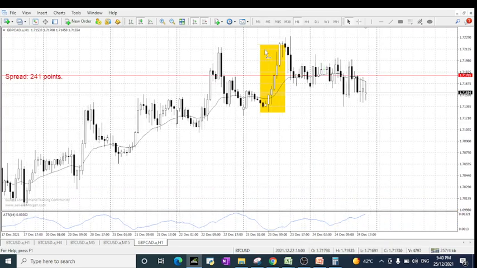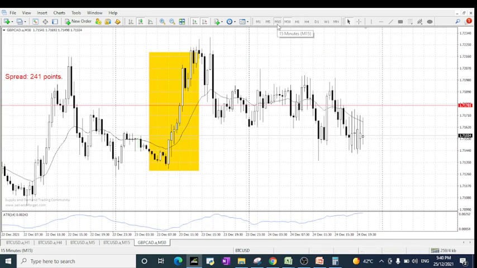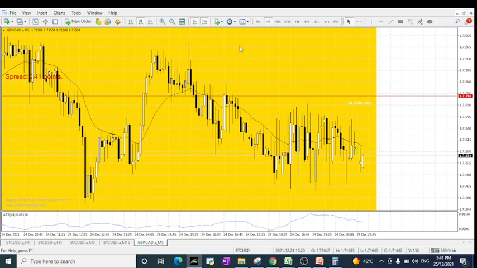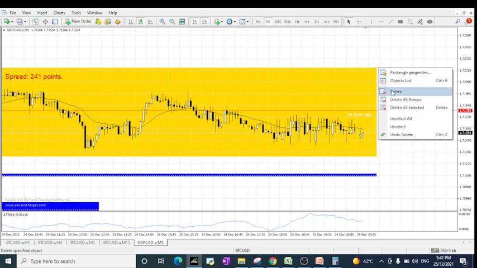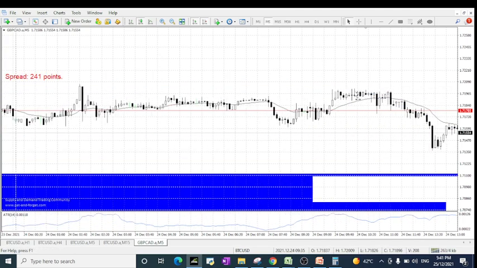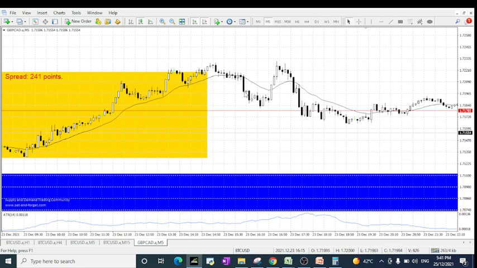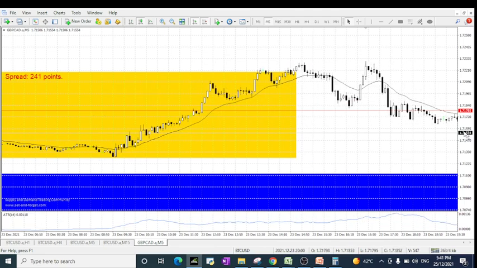What's this big yellow highlight? Remove this. Okay.